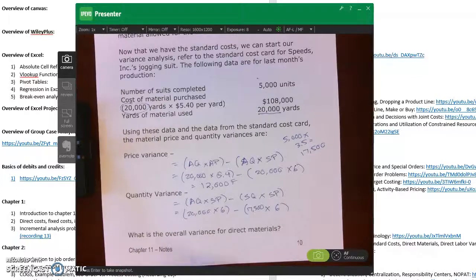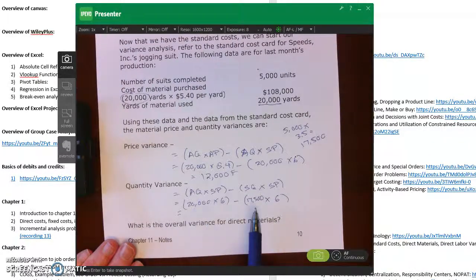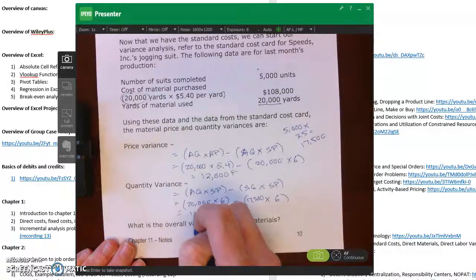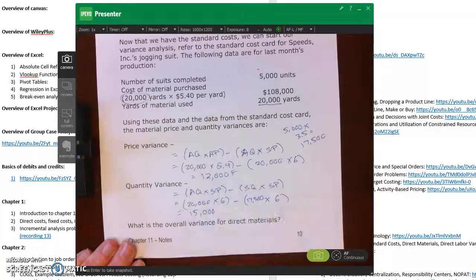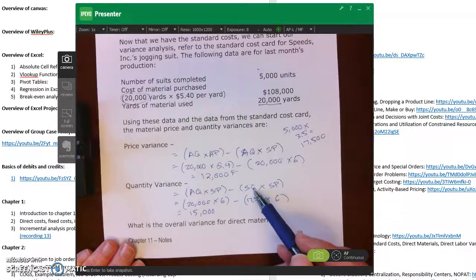Okay? So I actually used 20,000 yards. I should have used 17,500 yards. Okay? So when we calculate it out, what I get is a $15,000 variance. And again, I'm going to show the absolute value. Is this favorable or unfavorable? Well, how can I know? I can look at the actual quantity against the standard quantity.